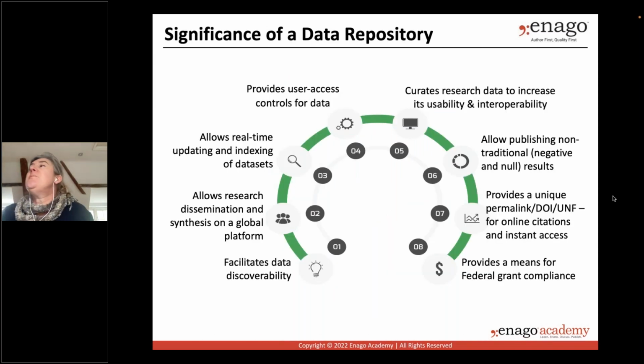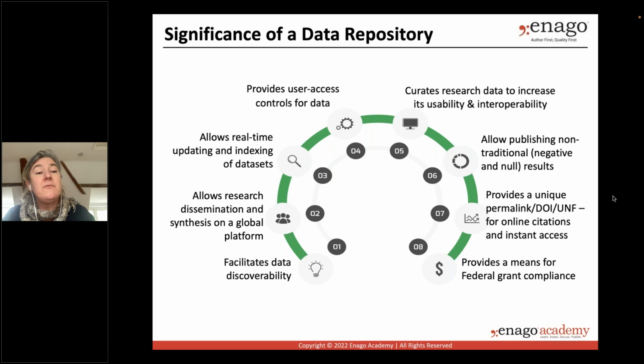So not all repositories will do all of these things. Many either specialise in particular services or domains, and some of them will also serve different sorts of communities as well. So again, there are variations among data repositories, but most of them will facilitate data discovery.